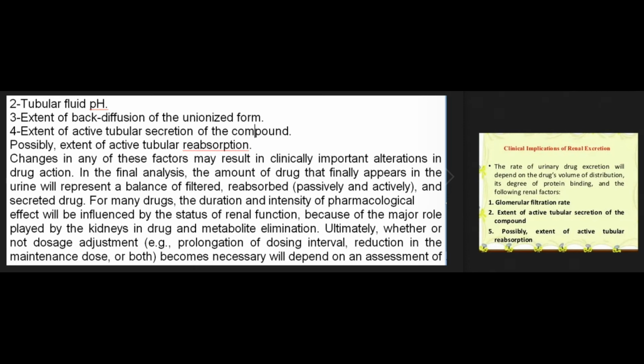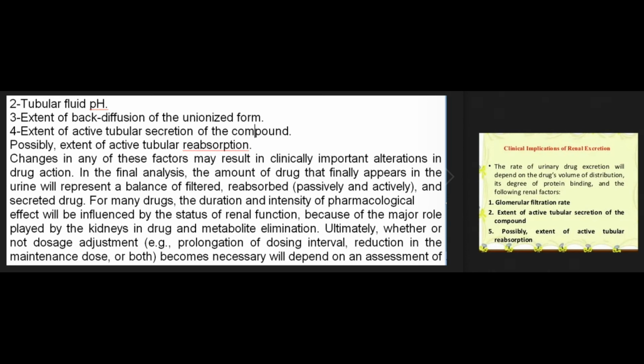In the final analysis, the amount of drug that finally appears in the urine will represent a balance of filtered, reabsorbed, passively and actively, and secreted drug. For many drugs, the duration and intensity of pharmacological effect will be influenced by the status of renal function, because of the major role played by the kidneys in drug and metabolite elimination.